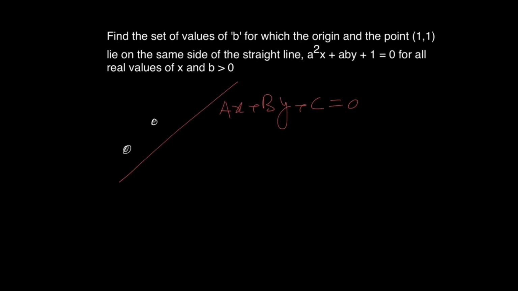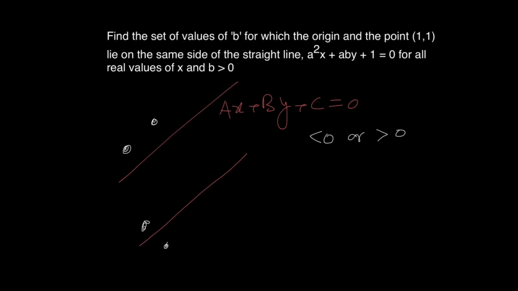Now if we put the coordinates of these points in the equation of the line, we get a value that is either less than 0 or greater than 0. What happens if the two points are on the opposite side of the line? Let's take the line again and keep a point here and another point here.